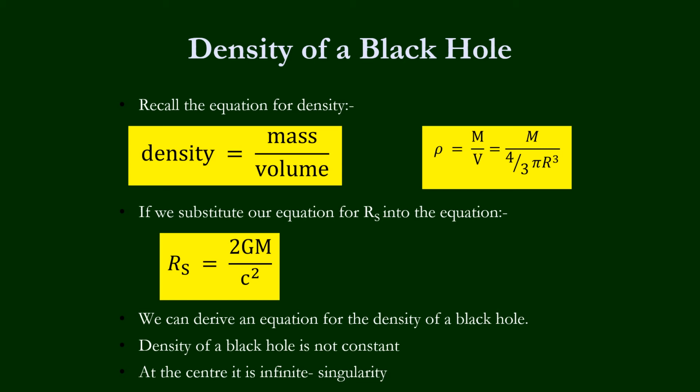As I said before, at the center of the black hole, density is infinite, so it's not uniform density across this black hole. At the center it's infinite, and we call that the singularity at the center of the black hole, where the laws of physics sort of fall apart.